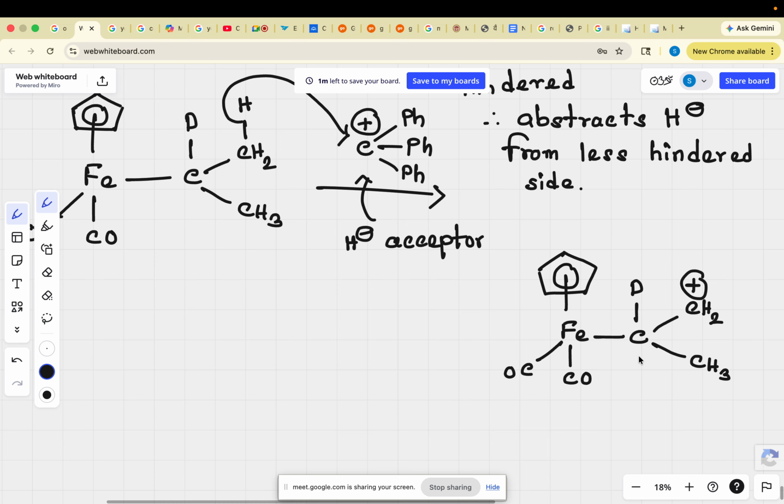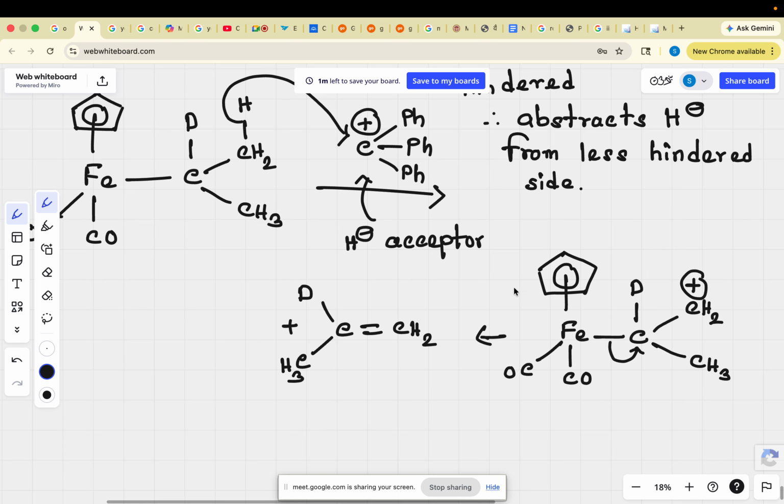Now what can happen, see, if this bond breaks like this, then carbon is getting negative charge and this carbon center has positive charge, right? So basically we will get a carbon double bond CH2, and this carbon will have two groups. One is your deuterium and another is your methyl group, right?